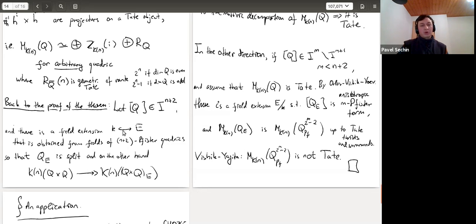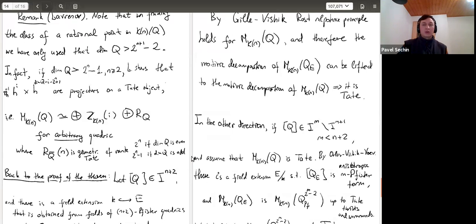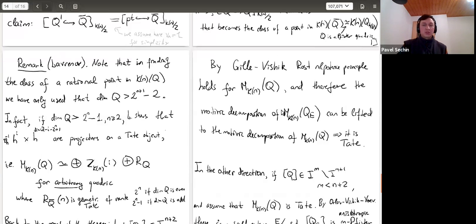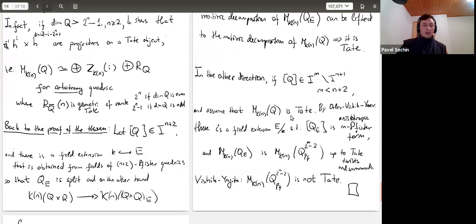But along all these field extensions, this map from K_n(Q x Q) to the base field extension was surjective. And now you can just apply the Rost nilpotence principle, which is true in this case by Geldhauser, Vishik, and others.